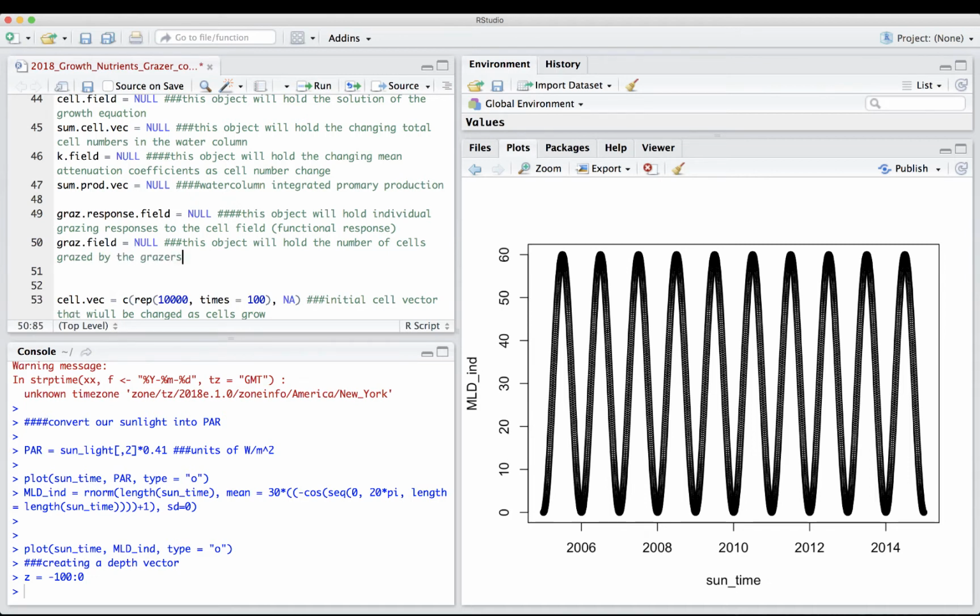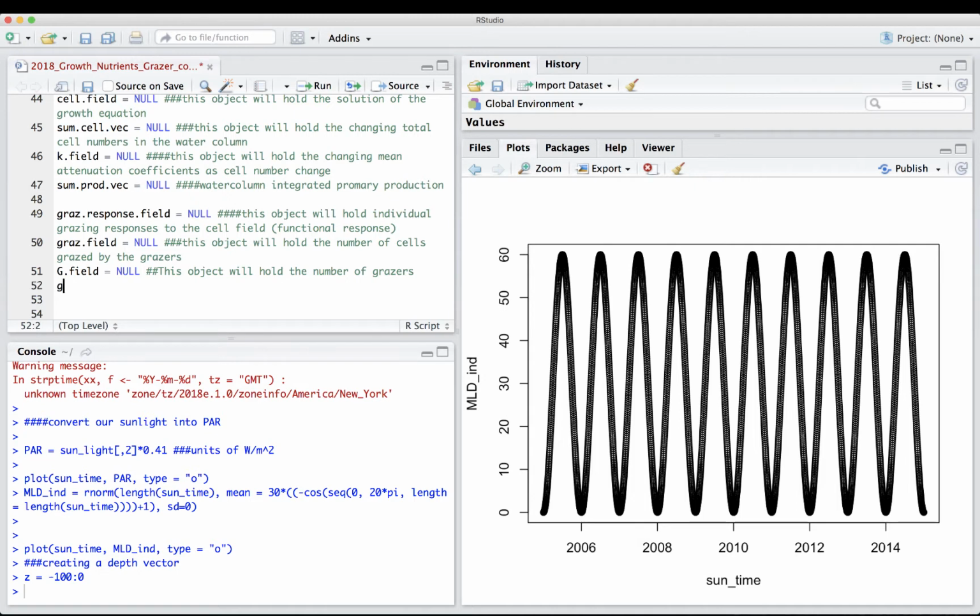How many of those phytoplankton cells were killed? The next is going to be capital G field. This object will hold the number of grazers, just like the cell field held the number of phytoplankton.